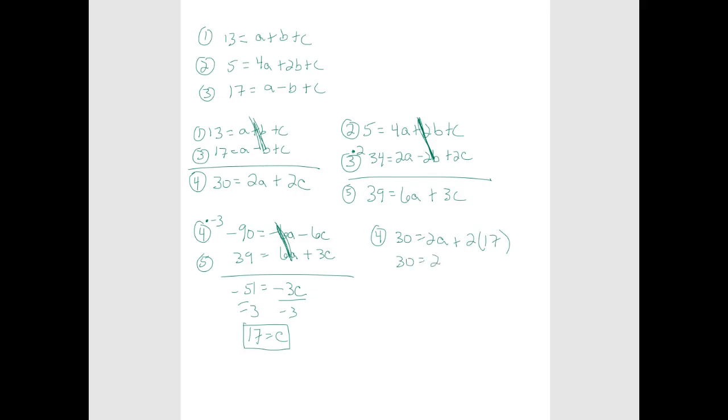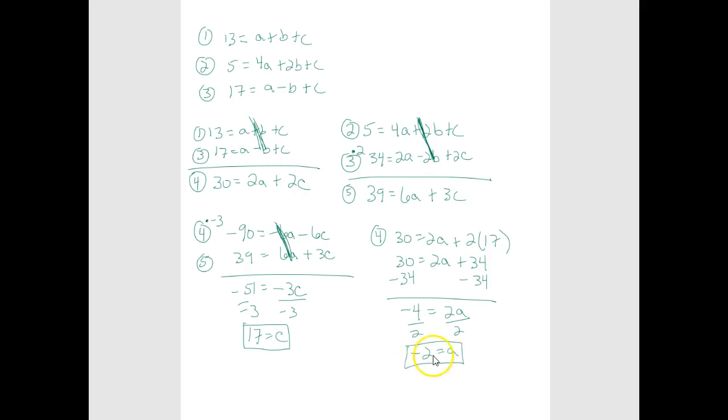And solve for a. So 2 times 17 is 34. Subtract 34 from both sides. I get negative 4 equals 2a. And then lastly, undo multiply with divide. So negative 4 divided by positive 2 is negative 2.